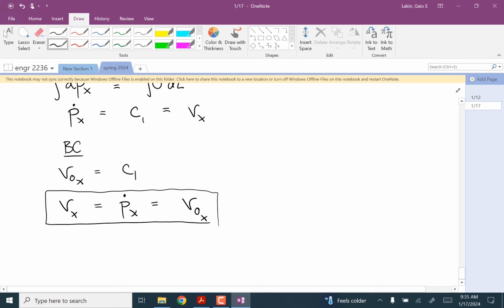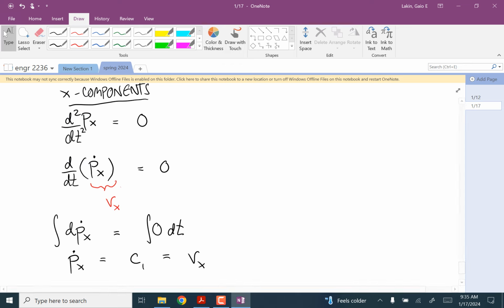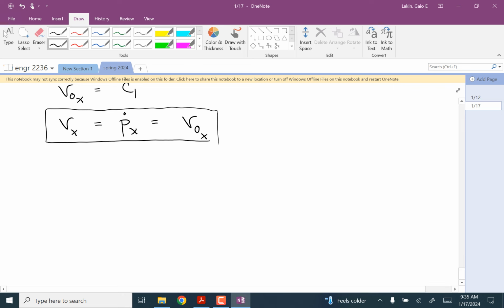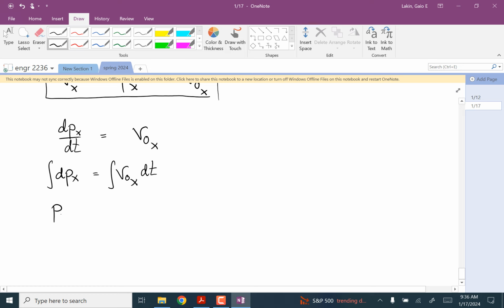Are you with me on that? And now we'll go to our second step. And this one says dpx dt is equal to V0x. Separate variables. Integrate both sides, and you get P sub x is equal to V0x t plus some second constant.